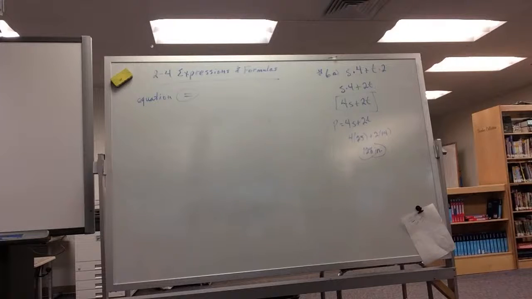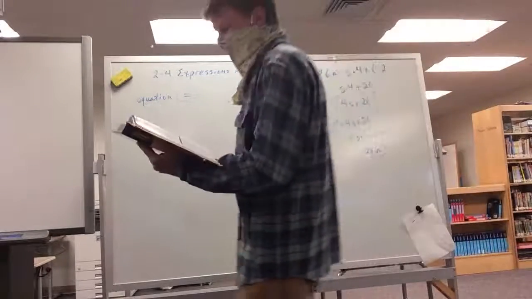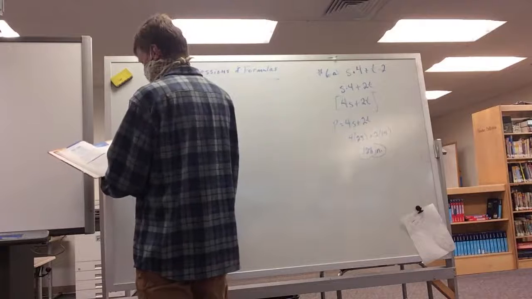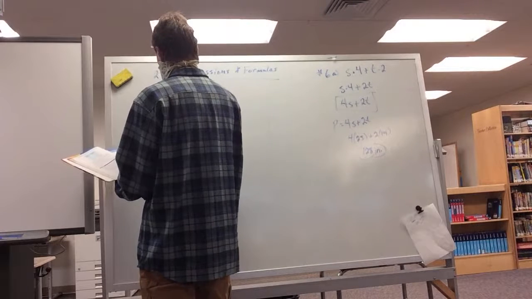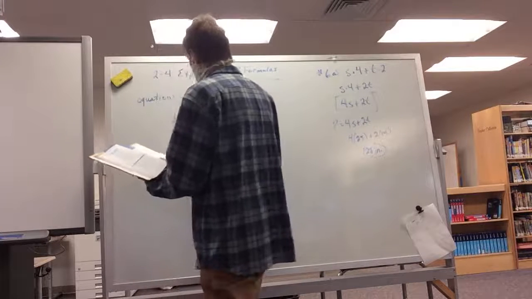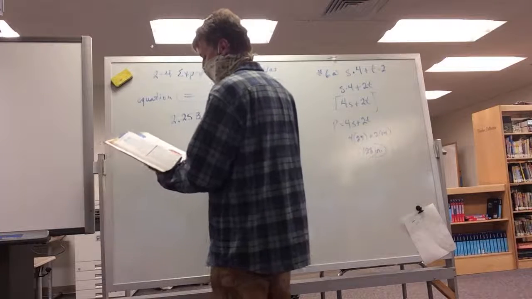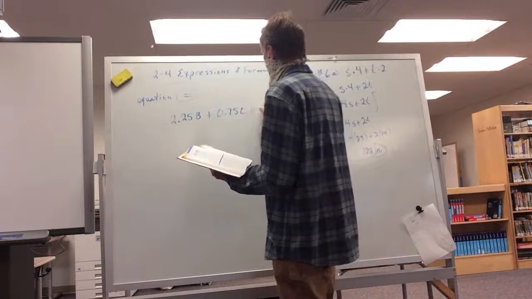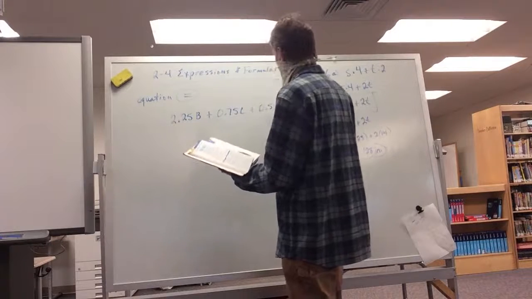So it looks like they're putting together food. And they give us an equation here, or a formula, I should say, which is 2.25 times B plus 0.75 times C plus 0.5 times W.